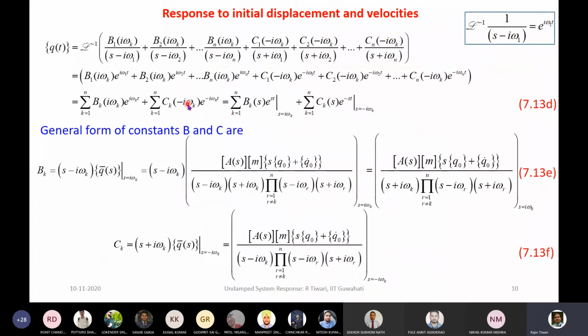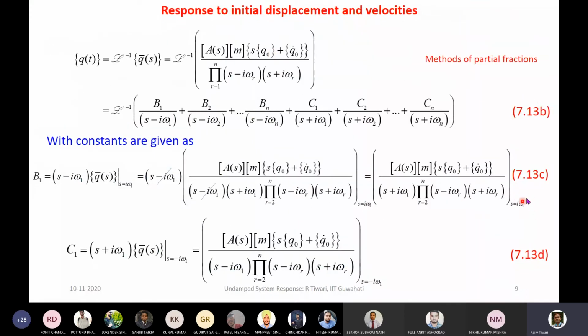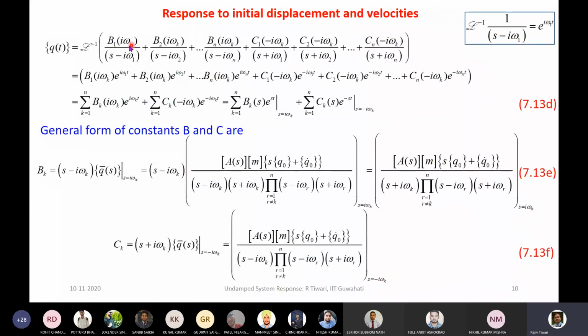Then once we have B1, B2, up to Bn, because we already substituted in terms of i omega, here it has been written that they are constants, obtained for a particular omega, and we know these from the previous slide. Now if we do the inverse Laplace transform of this, because this is a constant, it will remain as it is.